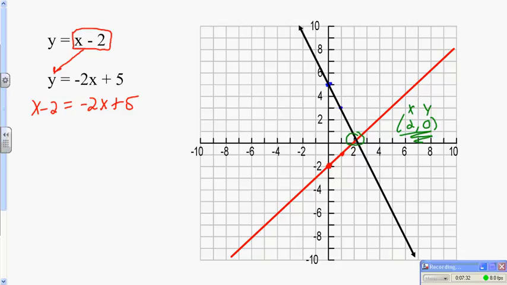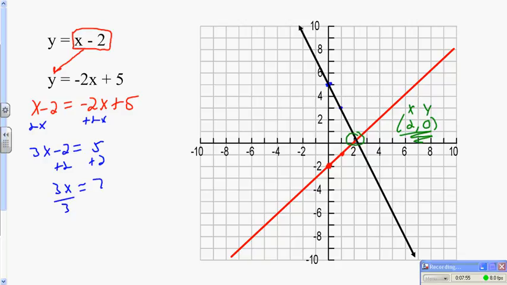To do that, I need to combine like terms. So if I add 2x to both sides, these are like terms right here, so I will get 3x minus 2 equals 5. I add 2 to both sides to combine those like terms. I get 7.